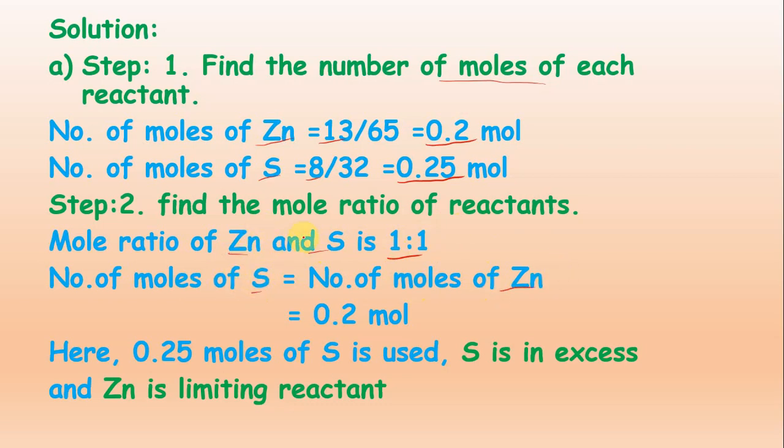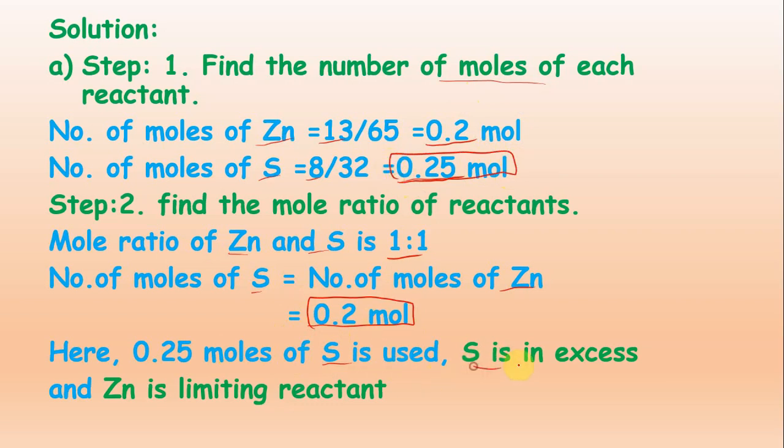If the ratio is the same, the number of moles of sulfur should be the same as the number of moles of zinc, so the answer we find is 0.2. Here 0.2 moles of sulfur are needed, but 0.25 moles of sulfur are available. Look at this one.